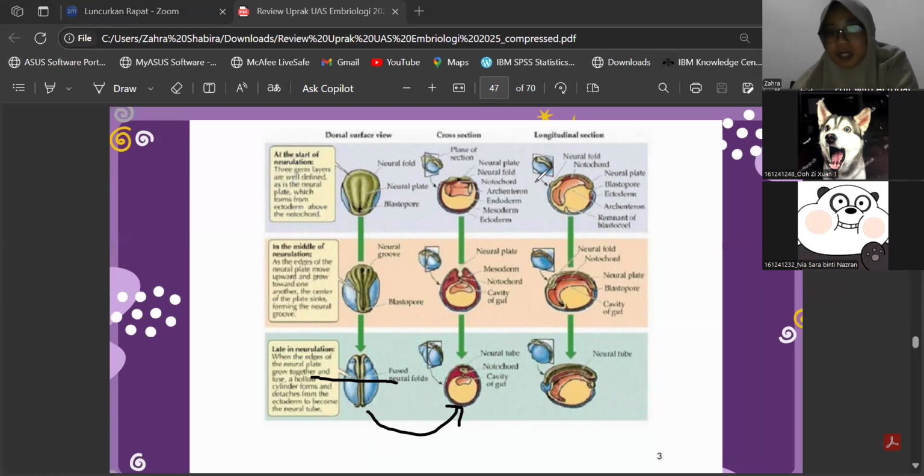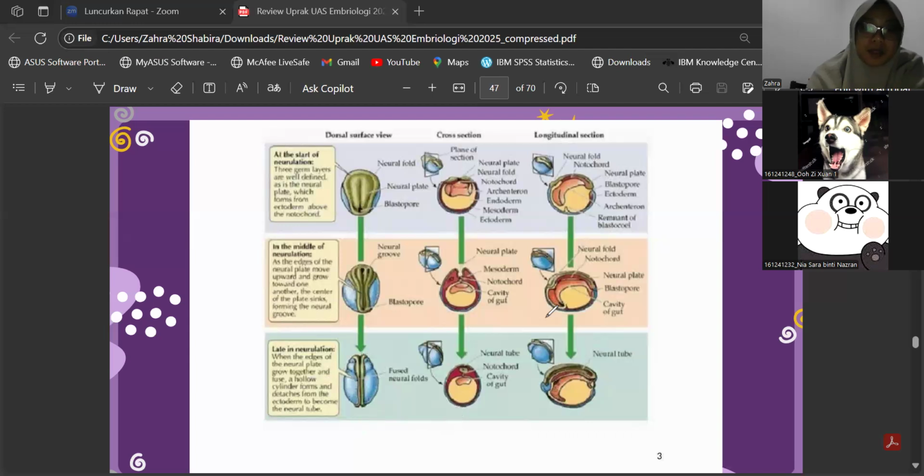But if the cut of this embryo is vertical, like this, it is difficult to identify where the notochord is and where the neural plate is, until it becomes a neural tube. It is at the back side, so it is not easy to identify.